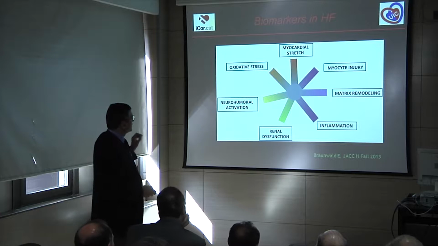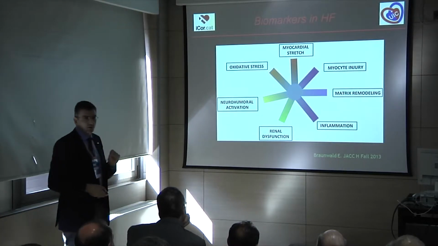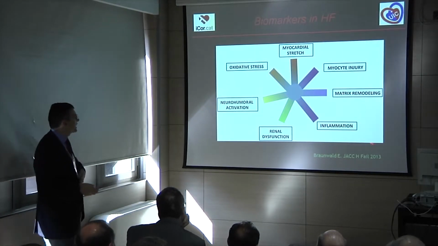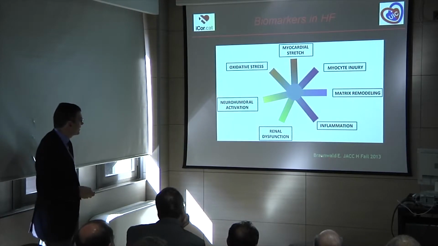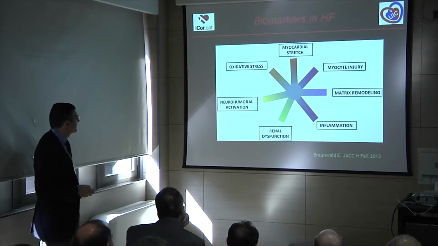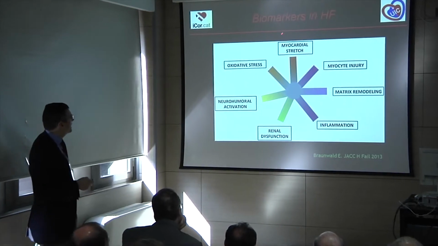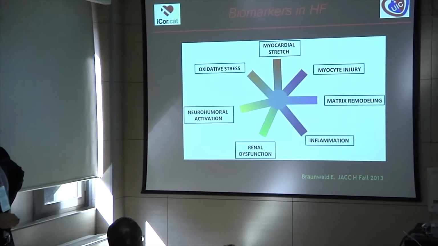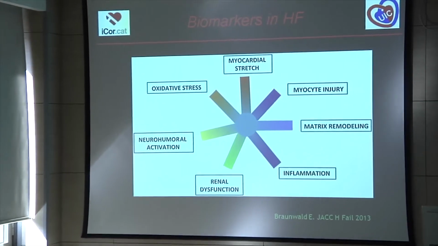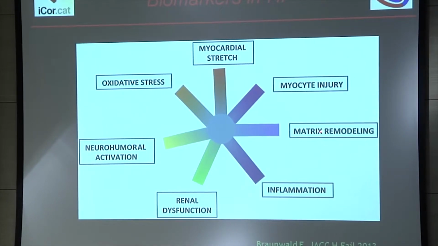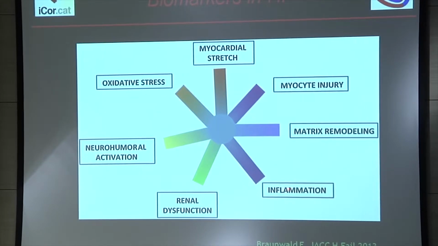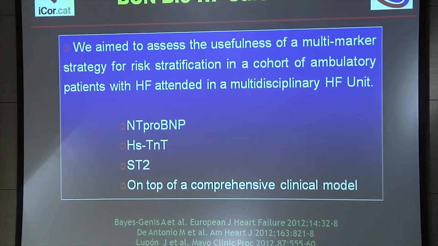Another issue, when we're talking about biomarkers and particularly about a multi-marker approach, this is a fundamental paper that you have to read in JACC Heart Failure, just at the beginning of this year. Braunwald said, these are the biomarkers you need to be considering in the present and in the future: myocardial stretch, myocyte injury, matrix remodeling, inflammation, renal dysfunction, neurohumoral activation, and oxidative stress.